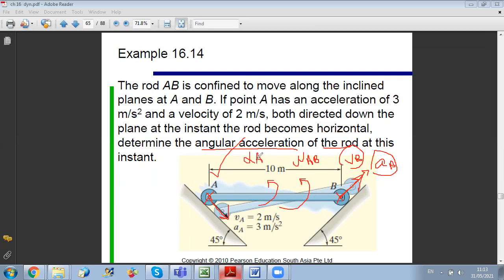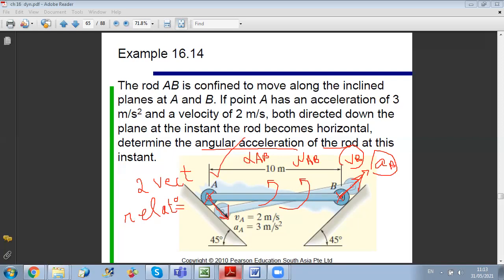4 unknowns require 4 equations or 2 vectorial relations. We need 2 vectorial relations to be able to solve the system, because each vectorial relation will allow us to solve for 2 unknowns. So the first vectorial relation will be by relating velocity of B to velocity of A. This will give us 2 equations with 2 unknowns.